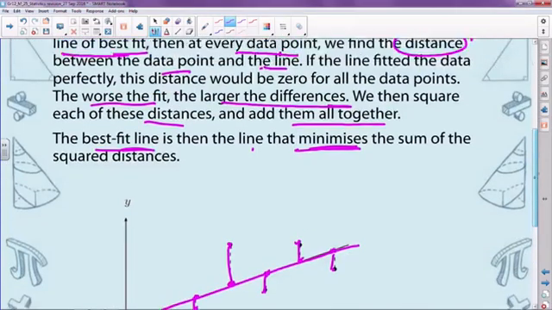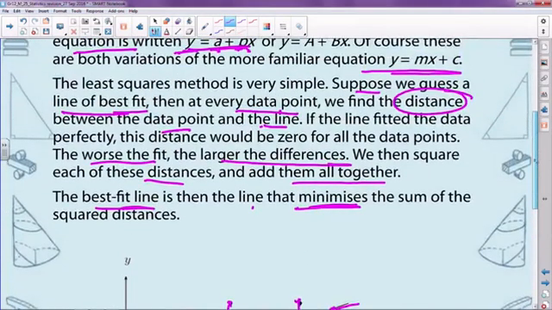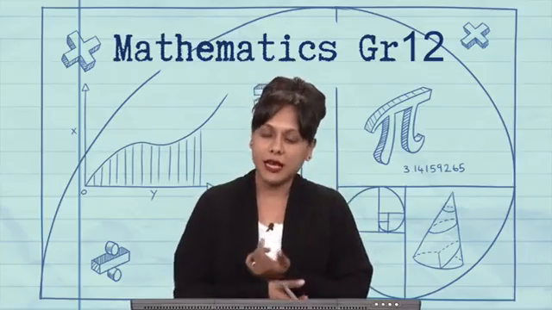And the method that we're using, the sum of the square distances, to work out the best fit line, is that we square the distances between the data point and the line, and we add them all together. The best fit line will be the line that minimizes the sum of the squared distances. That was really the key concept that you learned in grade 12 and that you will be examined on at the end of the year.